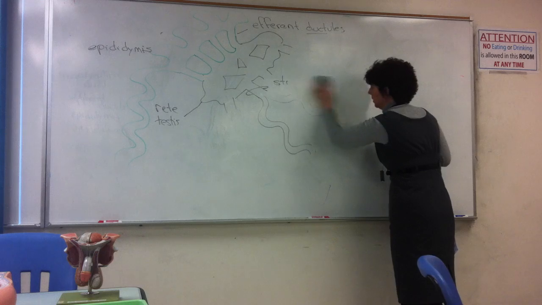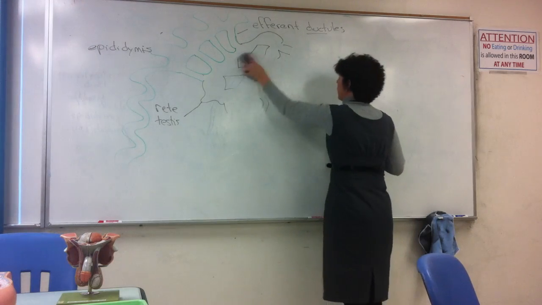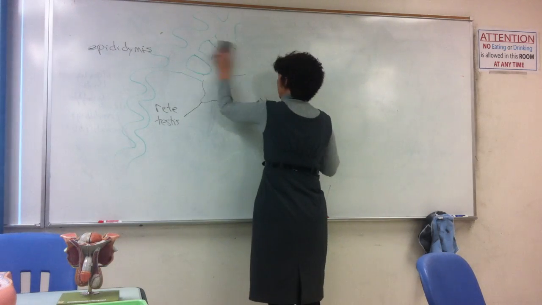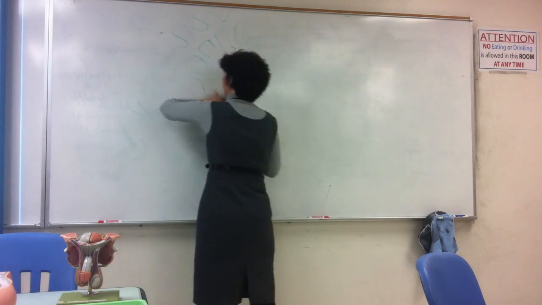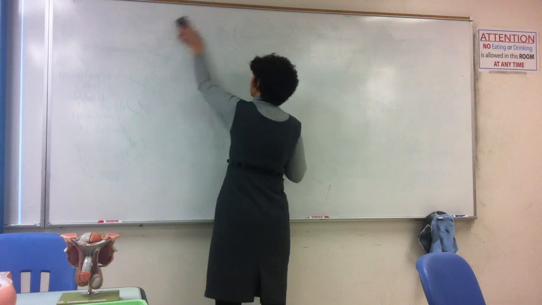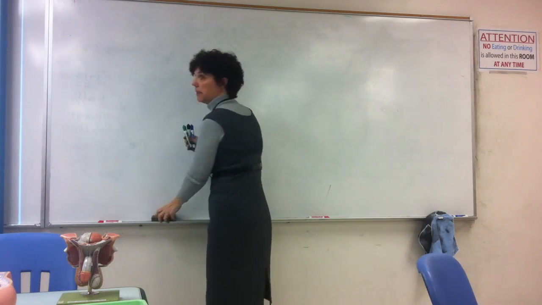I want to give you the background. We tend to forget the presence of the epithelial cell that forms the seminiferous tubule because all we can see are the developing sperm cells.